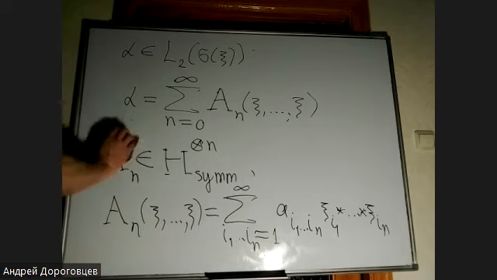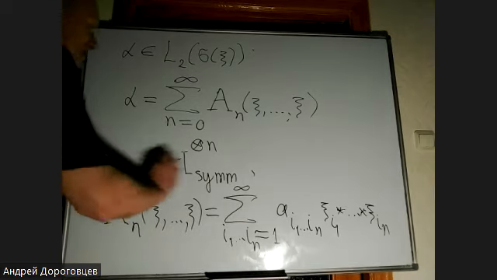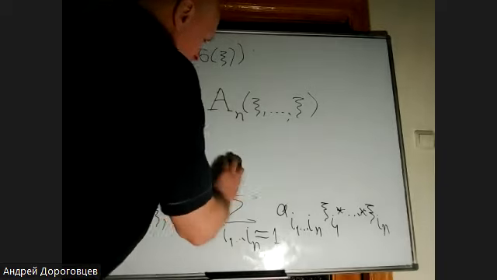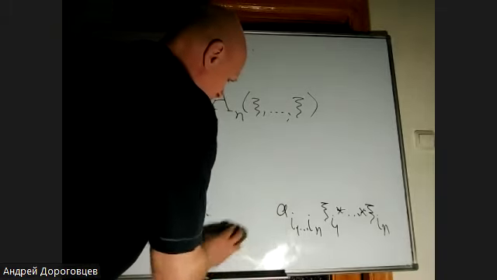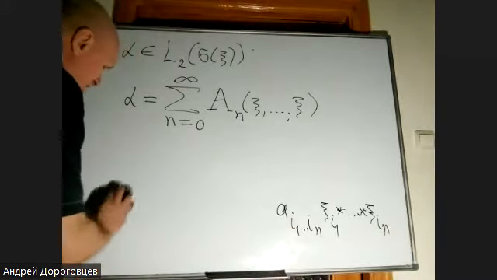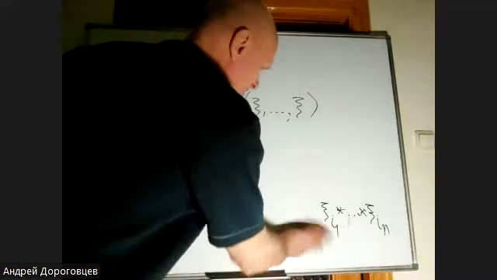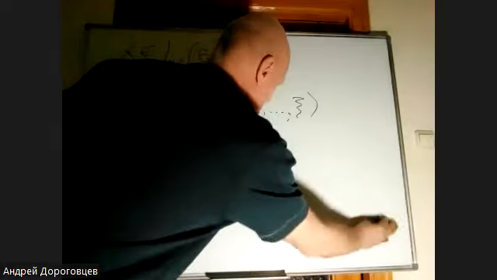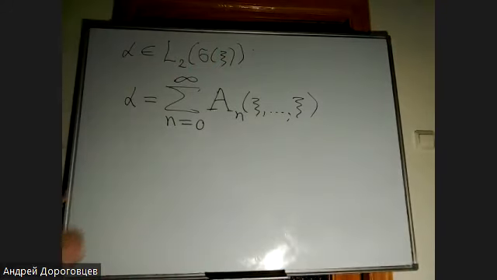After this, we introduced the stochastic derivative of a random variable and the adjoint operator to the stochastic derivative, which we called the extended stochastic integral or stochastic integral. Let me recall what it means.